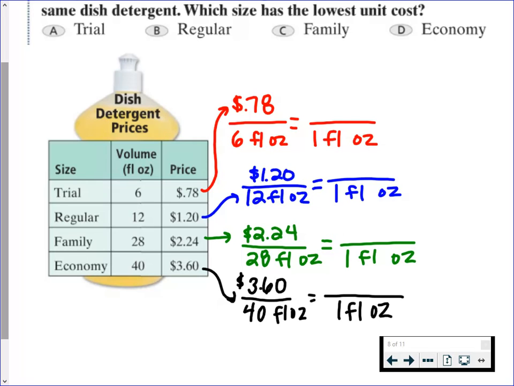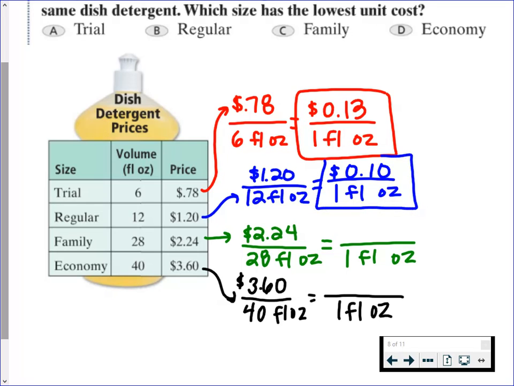If you didn't divide, that was your first mistake. So it turns out 78 cents for 6 ounces is 13 cents for 1 ounce. $1.20 divided by 12 is 10 cents. $2.24 divided by 28 is 8 cents.